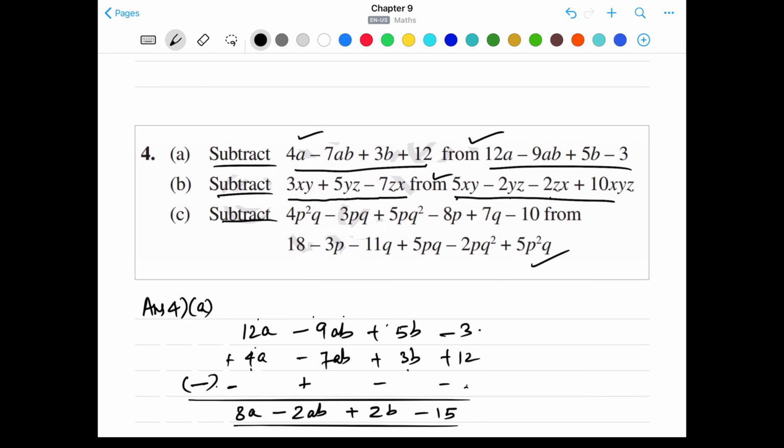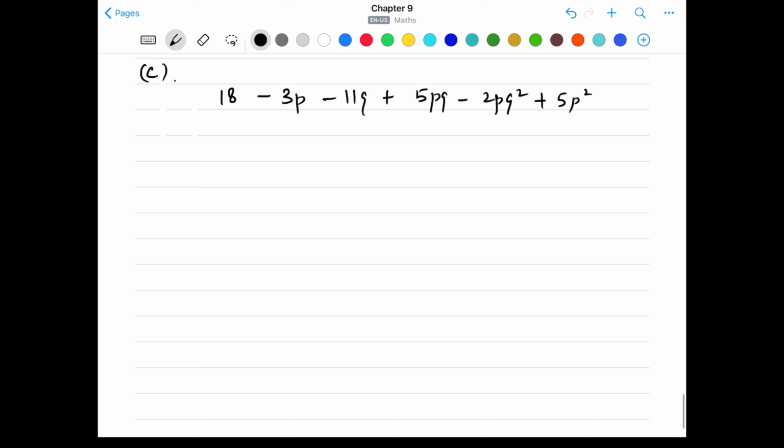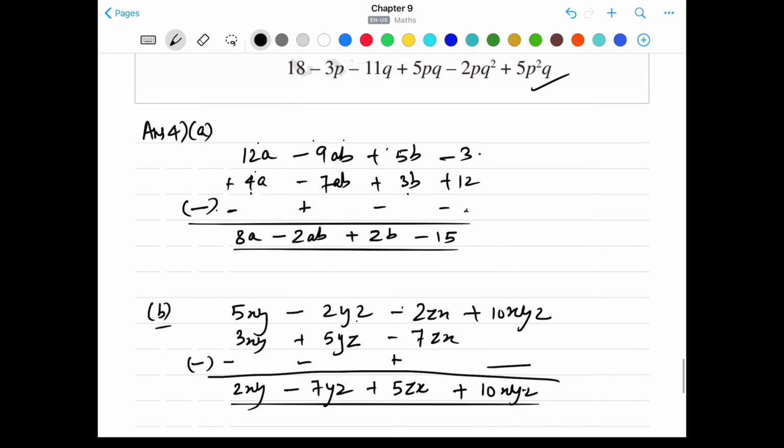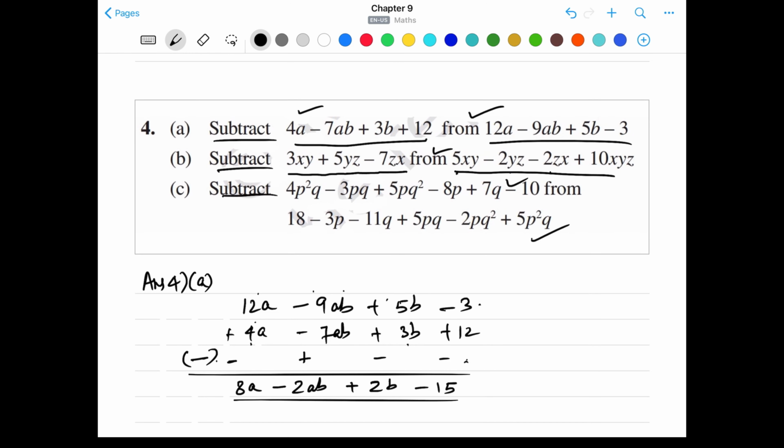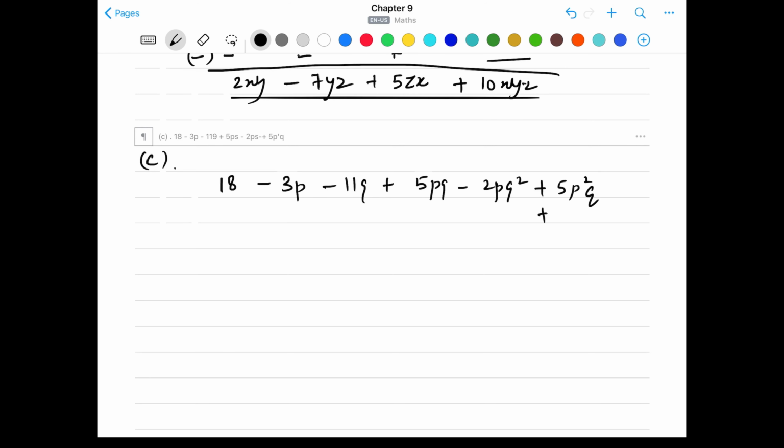Now we write the like terms of this expression one below the other. Okay, first term here is 4p square q. This one is also having p square q, so that term will be written here, 4p square q.